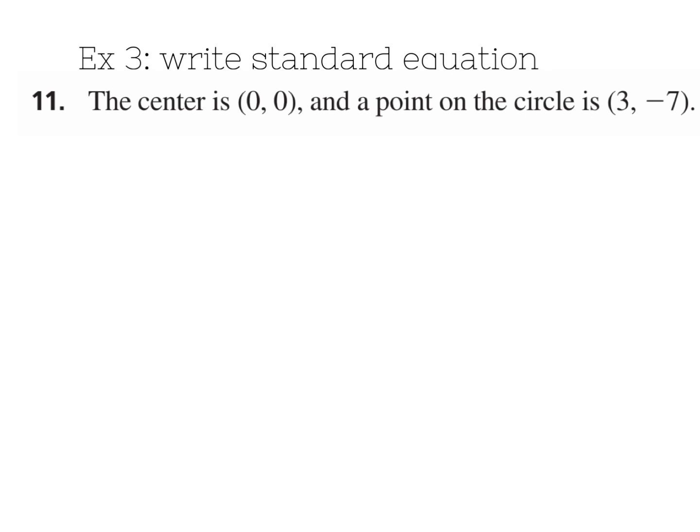So what am I missing, class, to be able to write this equation? Radius. Okay. So that means I've got to find the radius. So step 1 would be find the radius. And really I'm going to put find the radius squared. And I'll explain why at the end.